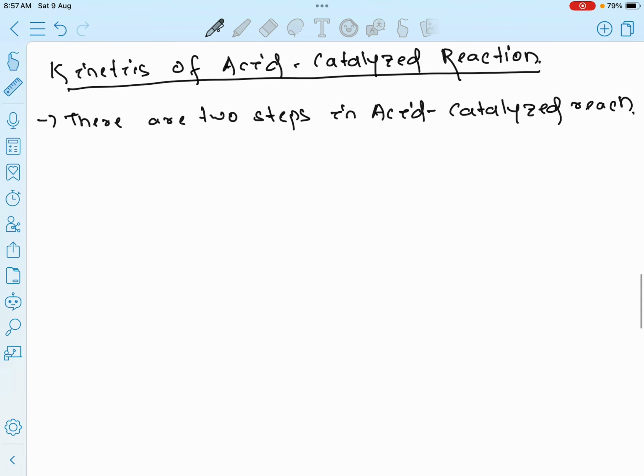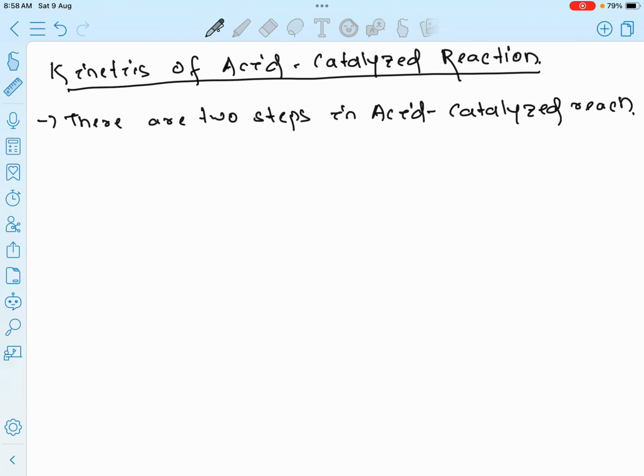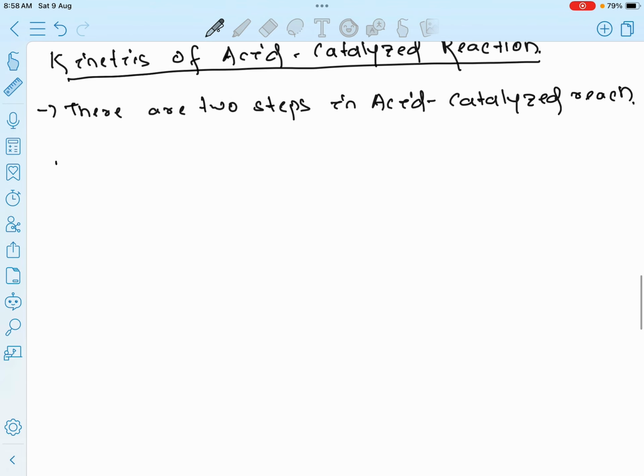Also, the acid catalyzed reaction can follow two mechanisms depending upon which substance is actually receiving the H plus in the final state. So in the first mechanism, we will consider that if a solvent is there and that solvent is water, and that water molecule is receiving the H plus in the final step, then this is the first mechanism which we are going to discuss.